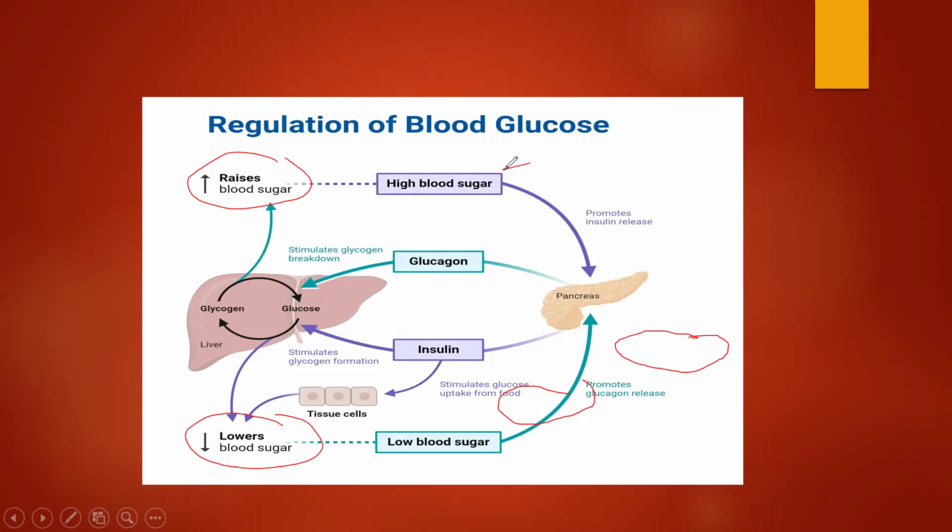This is considered an external stimulus. We studied a feedback loop, and this is the external stimulus which acts on our body. When we take a meal, blood sugar increases in our body.